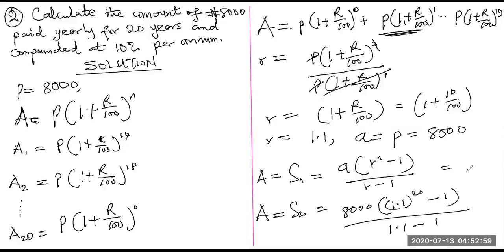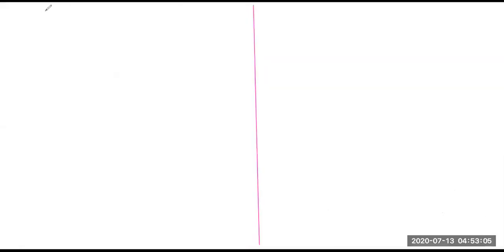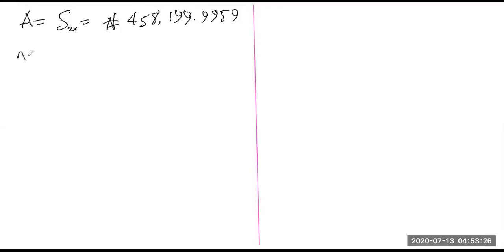So our total amount of annuity, which is the sum of everything, is going to give us about 458,199.9959. So that's approximately equal to what? The nearest whole number, 458,200. So that's going to give us about 458,200 naira. Wow, this is very big money.